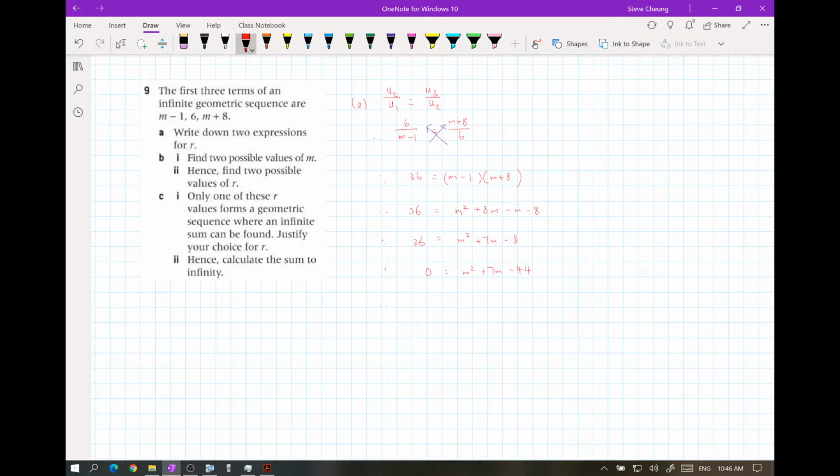Now you can either use the quadratic formula, or for these kinds of questions, usually they are factorizable. Okay, usually. So here I see that I can do 11 minus 4. So therefore m could be minus 11 or 4. So now we have two possible values for m. Basically, I should have labeled this as part B.